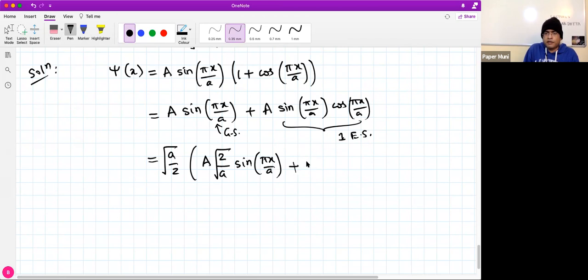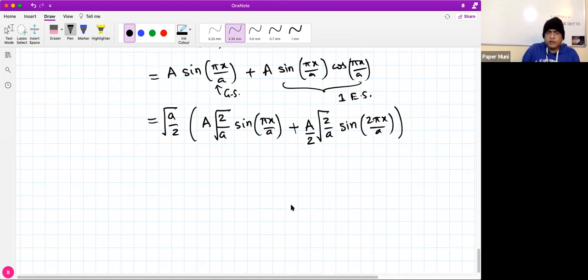Then we have this, which will give you 2/a, and now we want to combine these two, so we have to multiply and divide by 2. So if we combine them, we get sin(2πx/a). I just directly wrote this.